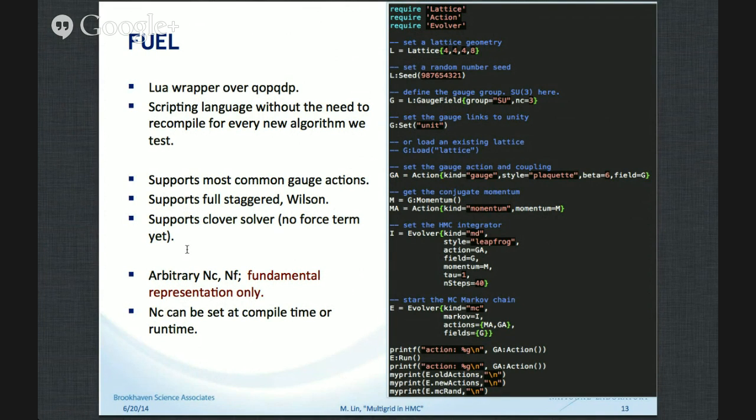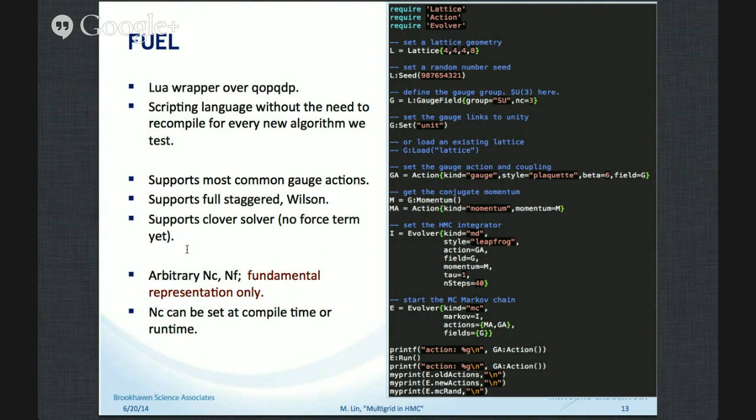The advantage of using Fuel is that because it's written in a scripting language, you don't need to rewrite or recompile your program every time you want to use a new algorithm. We can just easily change the script to use different integrators and different gauge actions or fermion actions.